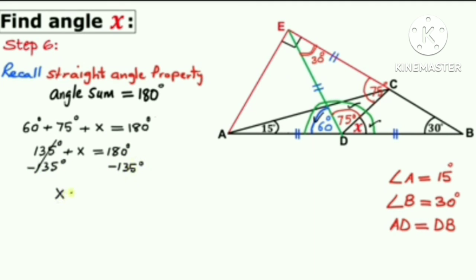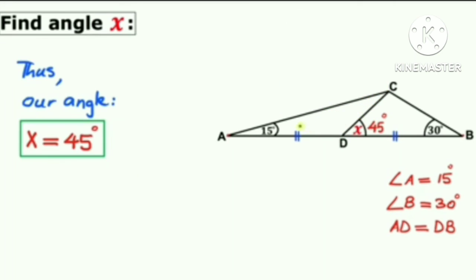So our x angle turns out to be 180 degrees minus 135 degrees, which is going to give us 45 degrees, and that is our angle x. So after all these multiple steps and construction, this angle x turns out to be 45 degrees. So thus our final answer, our angle turns out to be 45 degrees.